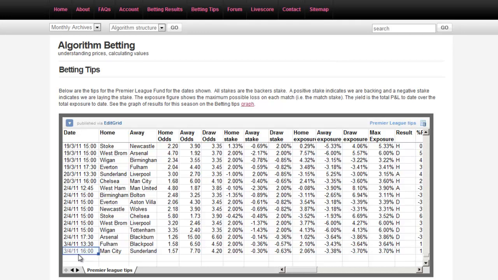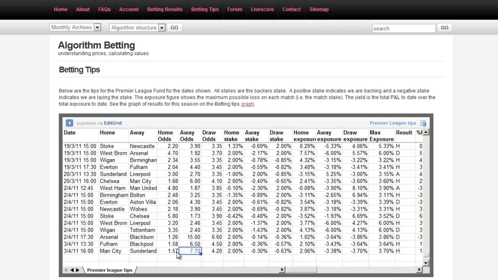So starting on the left, we have the date of the match, Man City Sunderland, 3rd of April, 4 o'clock. Now, all of our tips are placed on the website a few hours before the match kicks off. So these are the actual odds which are on Betfair when we actually calculate the bets, and we put them on the site a few hours before, and it's best for you if you can place your bets as soon as possible after we put the tips onto the site, because then there's less chance of the odds moving.